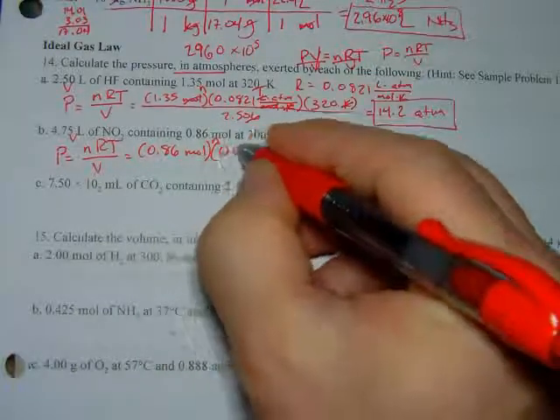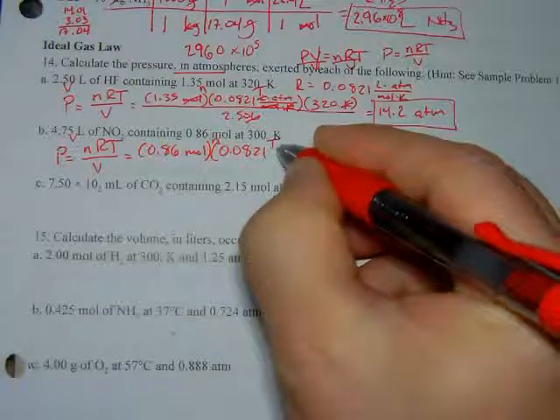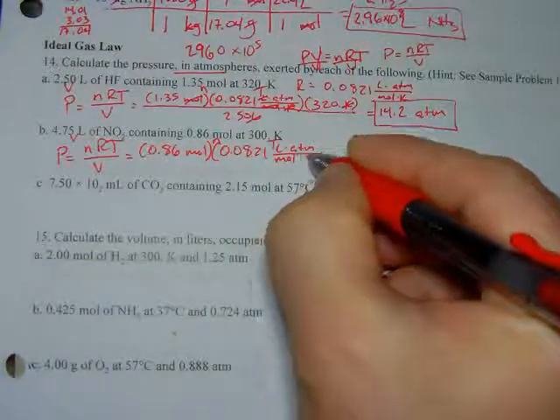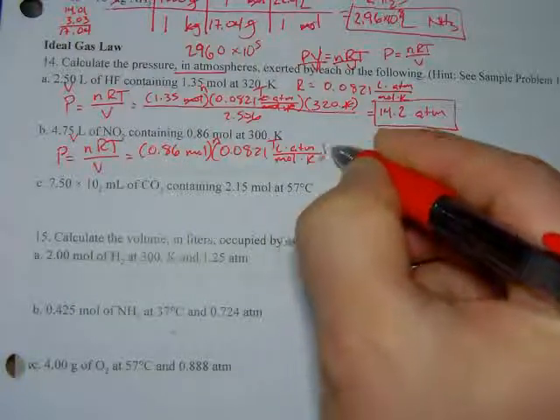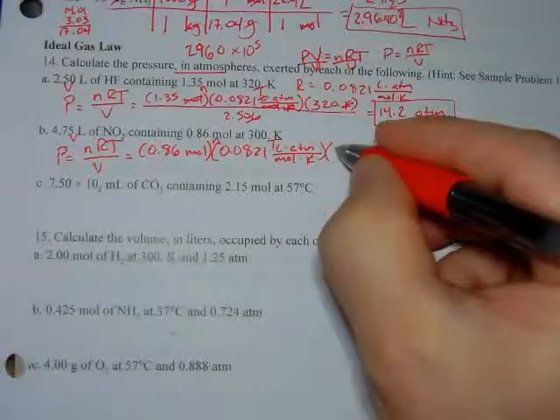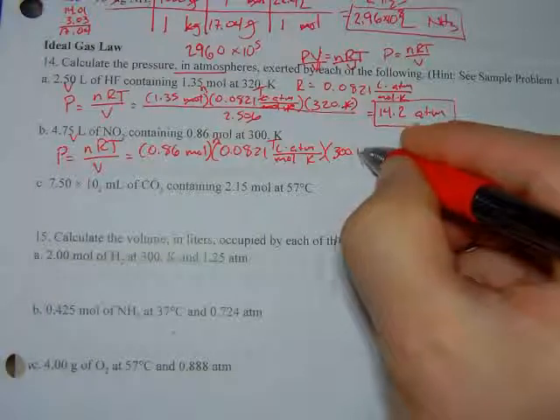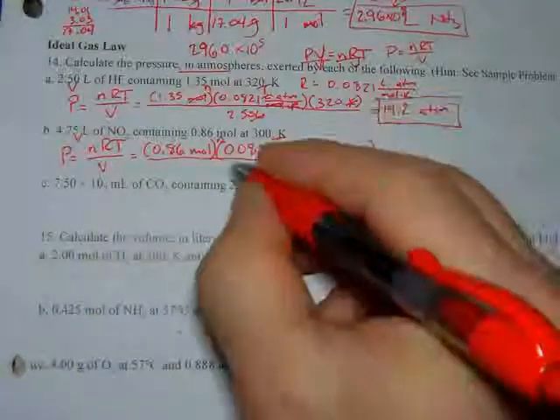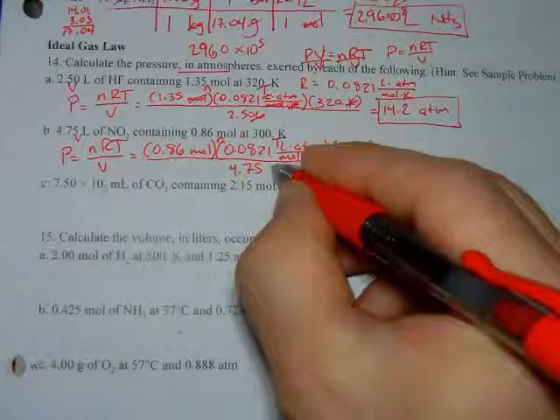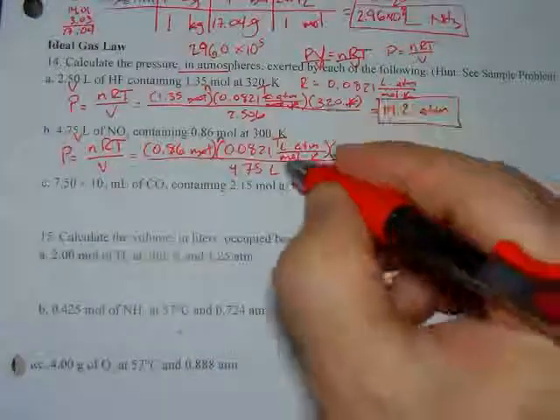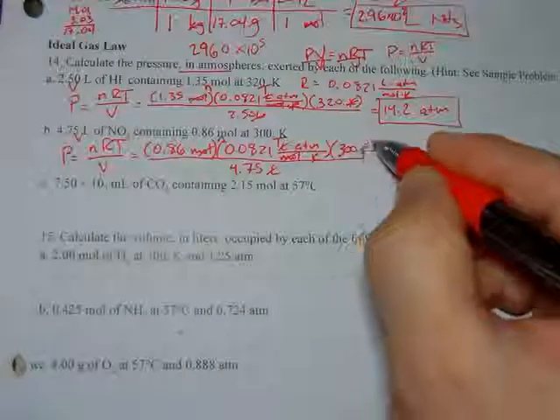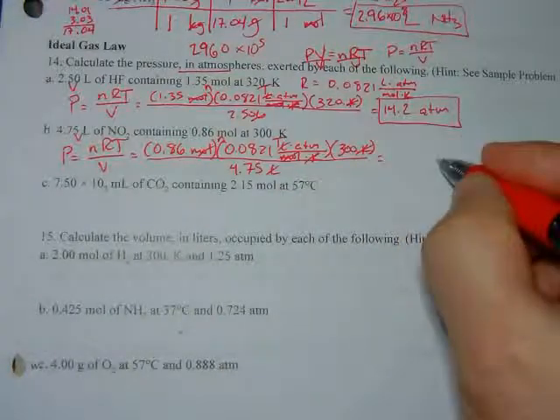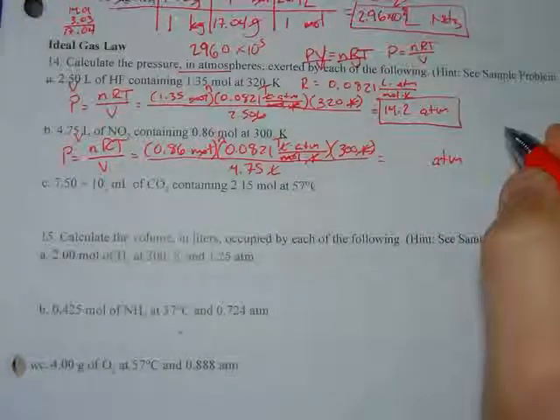My value for R, 0.0821 liters atmospheres over moles Kelvin. 300 K. And what was my volume? 4.75. And again, moles cancels with moles, liters with liters, K with K. And the only unit that doesn't cancel in here is ATM.